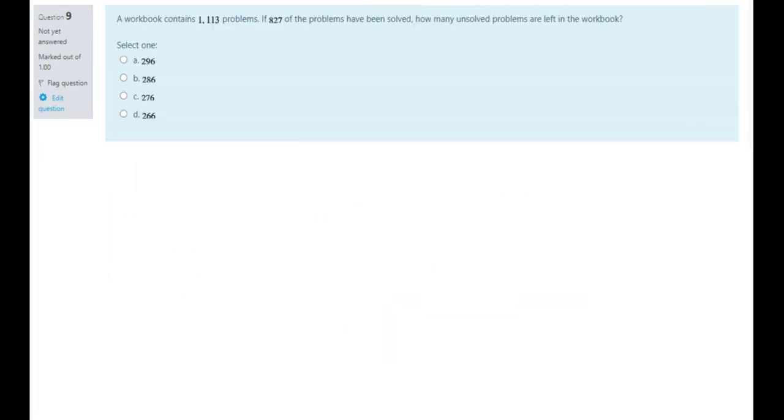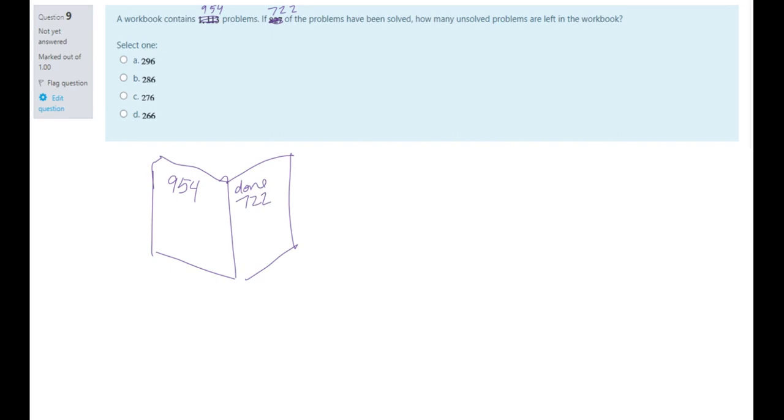So in this question here, we've got a workbook that has some problems, and I'm going to change these numbers to something different. So 954 and 722. There's a workbook here, and there are 954 problems, and we've done 722 of them.